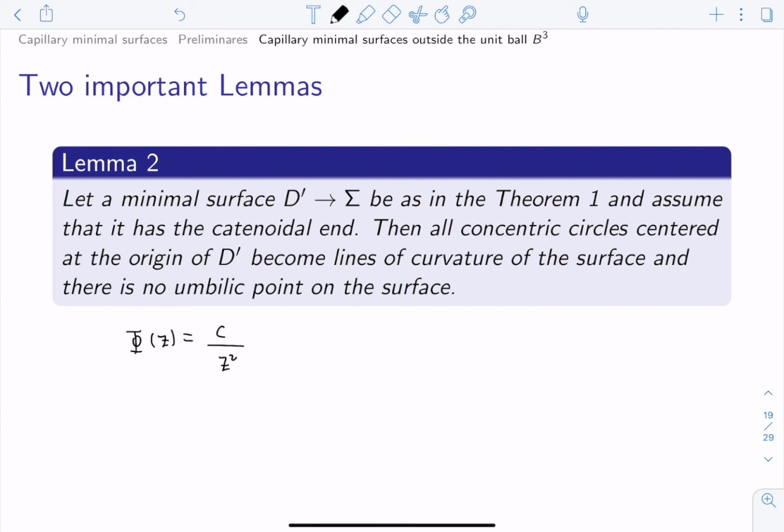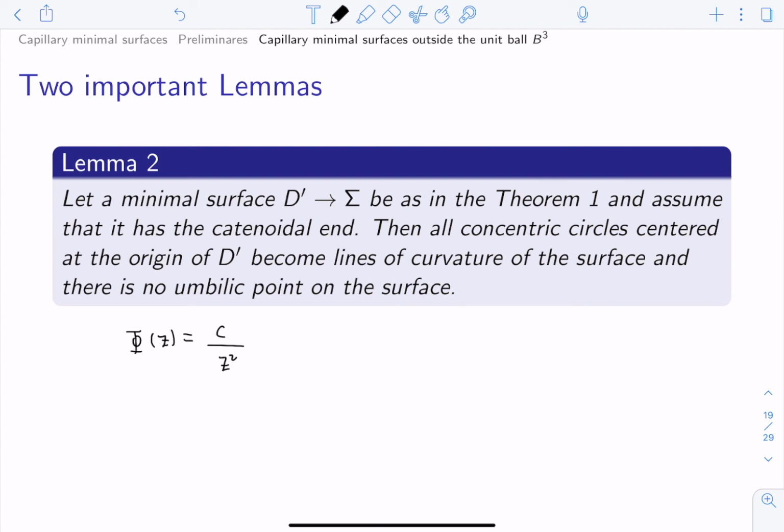Let a minimal surface D' to Σ be as in theorem 1, and assume that it has the catenoidal end. Then all concentric circles centered at the origin of D' become lines of curvature of the surface, and there is no umbilic point on the surface.